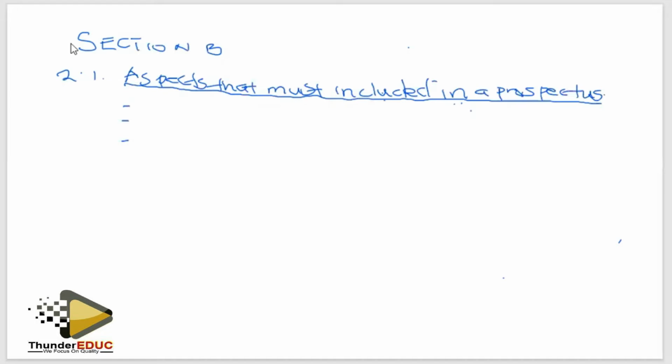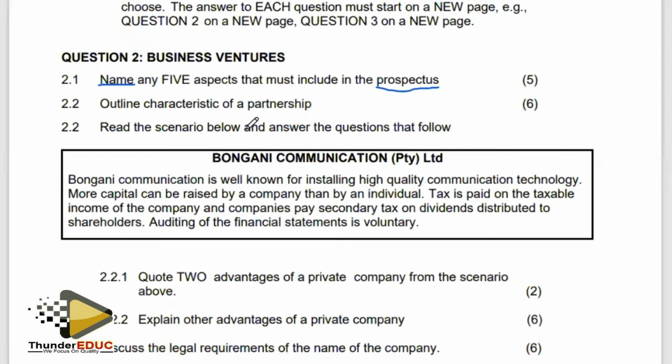What is a prospectus, by the way? A prospectus is a document which is drawn by the company to invite the public to buy shares from that very company that is listed in the JSE, Johannesburg Securities Exchange. We tell them that, look, this is what we have.